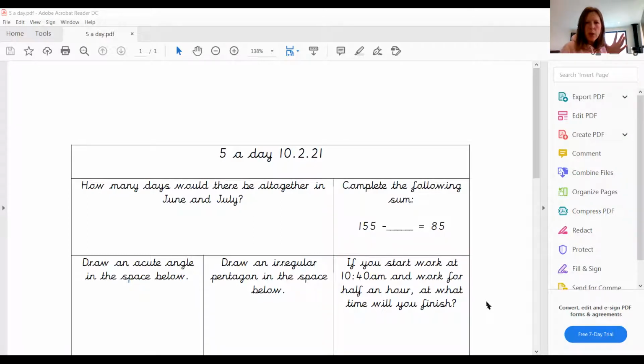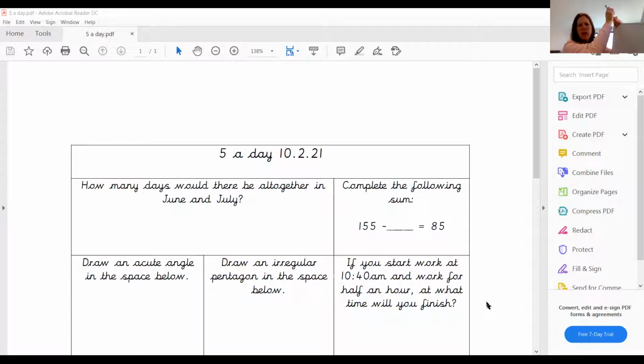So remember, the poem begins with 30 days has September, April, June and November. All the rest have 31, except, as we know, for February, which has 28 days in a normal year, 29 days in a leap year. So June has got 30 days.